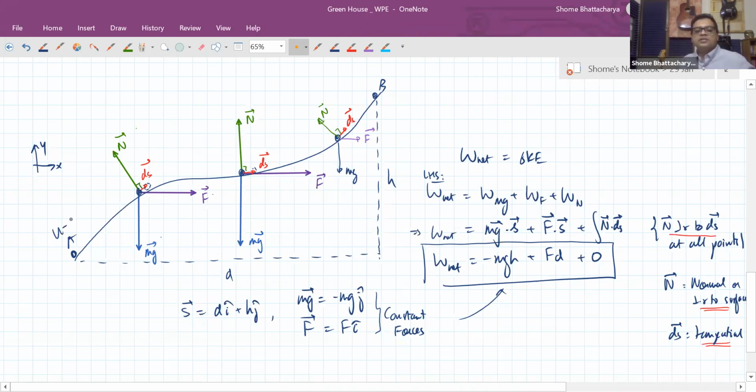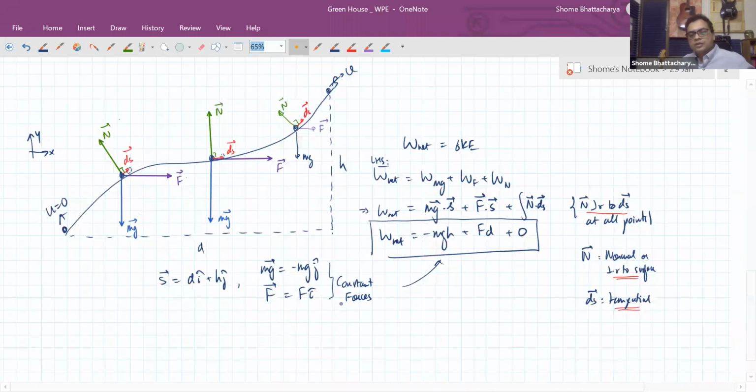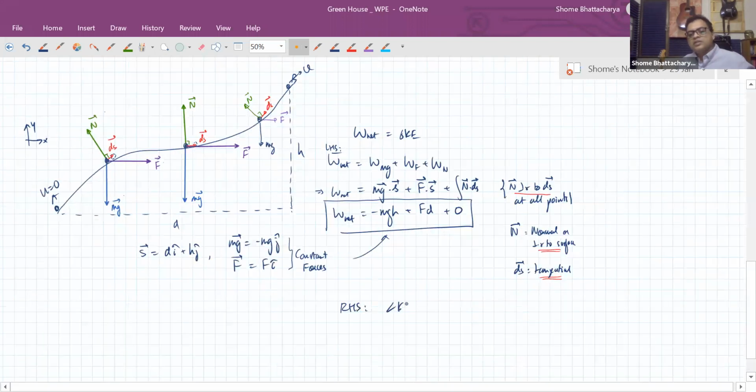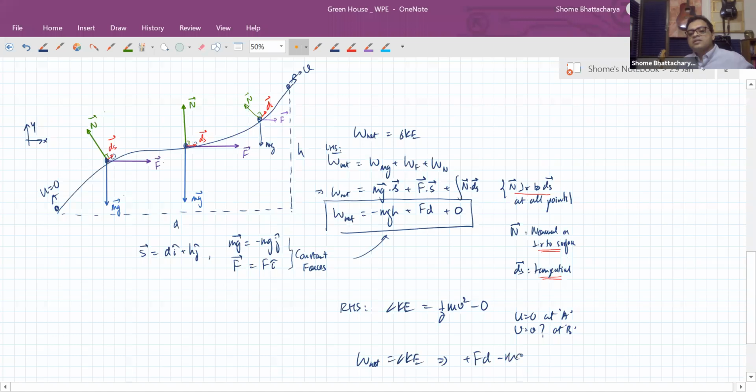On the right hand side you can see u is 0 at A and we have to calculate the speed v at B. So the right hand side, the change in kinetic energy, becomes half mv square minus 0, because u is equal to 0 at point A and v is what we want to calculate at point B. So net work done equals change in kinetic energy implies that FD minus mgh should be equal to half mv square.